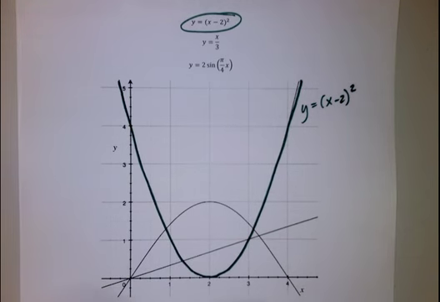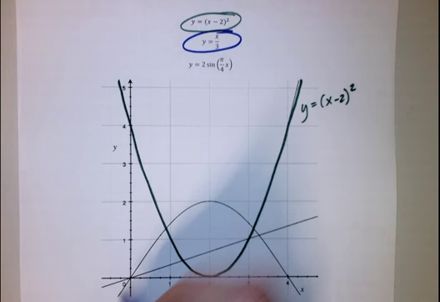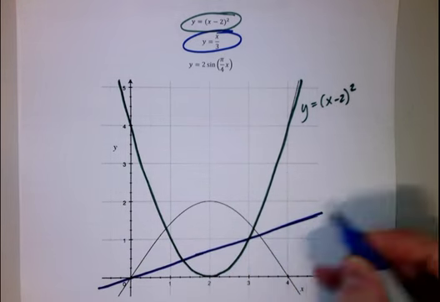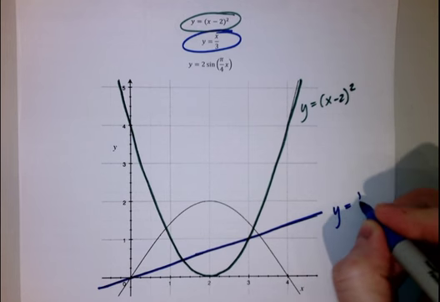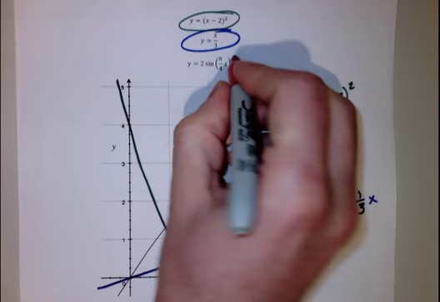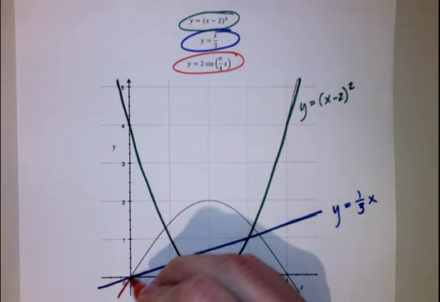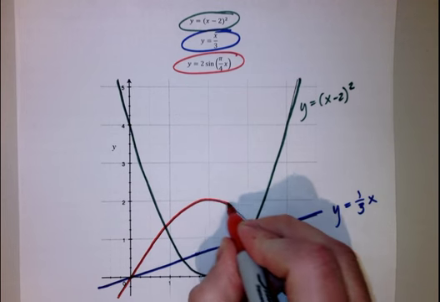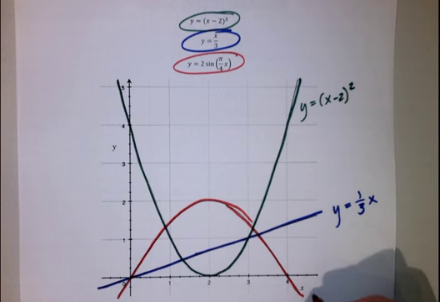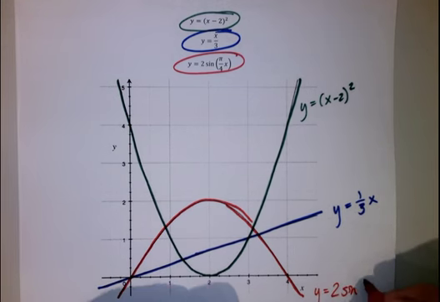This linear right here is x over 3, or 1/3 x, it's the same thing. And let's do the trig function in red, which I think is rather apropos. So y equals 2 sine(pi over 4 x).